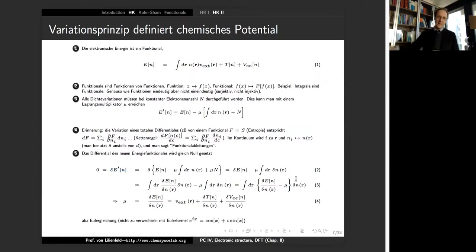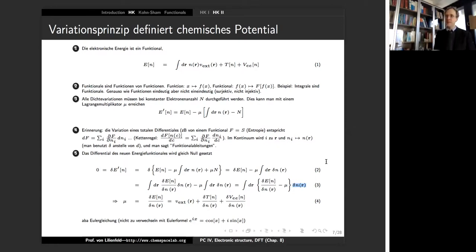Now there's the lemma of variational theory that if you have an integral like this, this variation in your electron density, of course, cannot be zero, and so this bracket has to be zero to generally have the entire equation be zero. Now you can prove this.